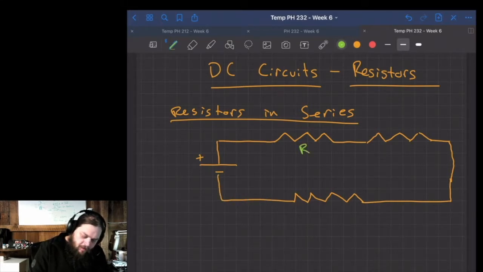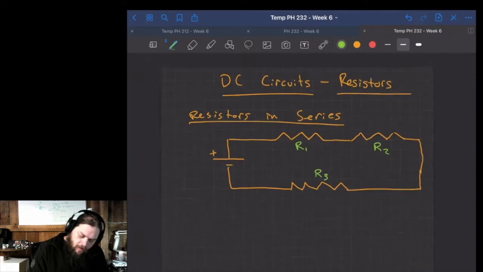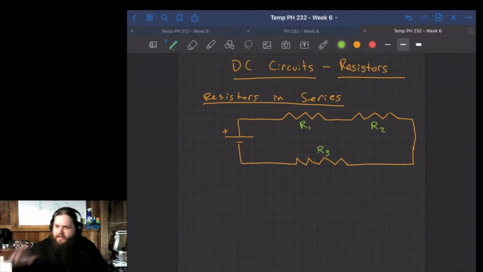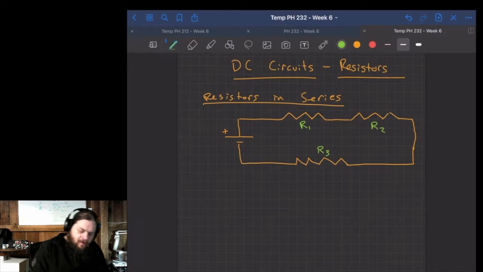I can call these R1, R2, and R3. To find the resistance of the entire circuit, we can add up those resistances. So R total is going to be equal to R1 plus R2 plus R3.